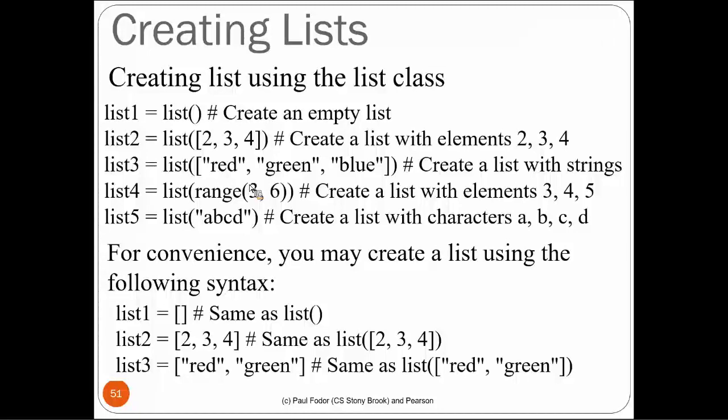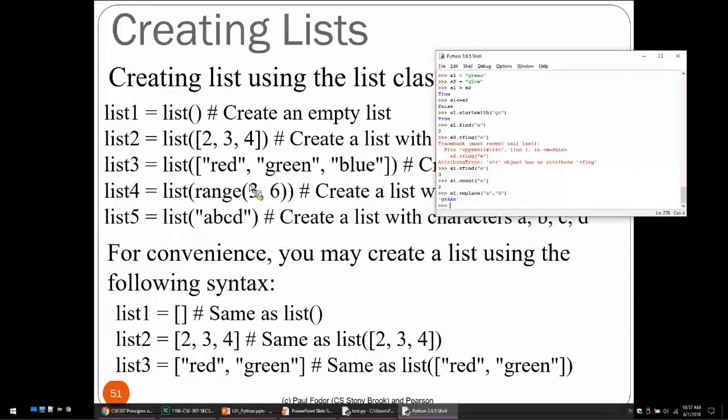For convenience, Python also lets us create lists using the shortcut notation with brackets. So we can create the empty list by just open close bracket, a list that contains 2, 3, 4, or a list that contains the strings red and green. So again, we are going to do a few examples.